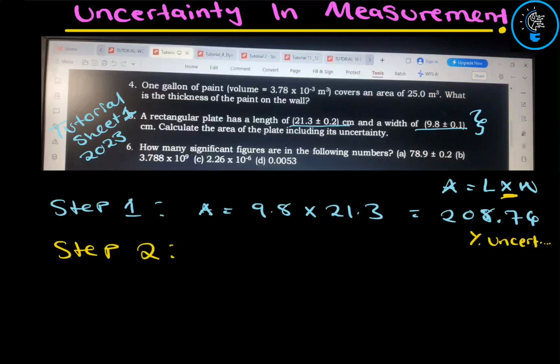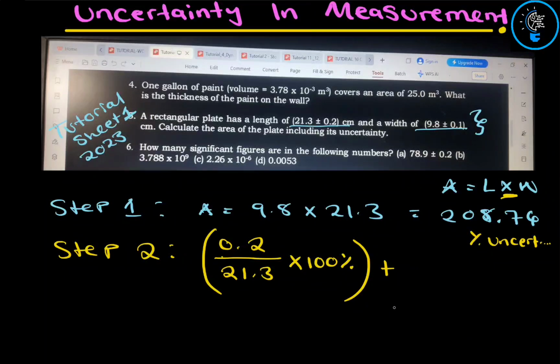Okay, so let's add the percentage uncertainty. Let's begin with this side. We have 0.2 as our absolute value divided by the central value 21.3 times 100%. We need to add this one plus the other percentage uncertainty, which can be calculated by saying this one times 100.